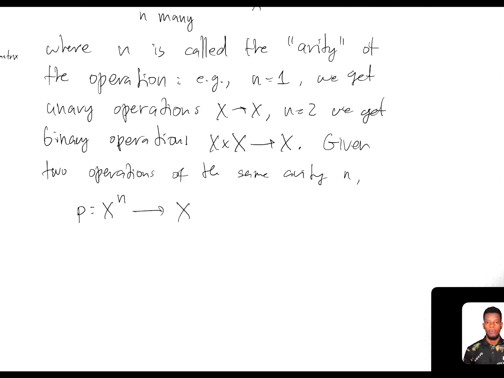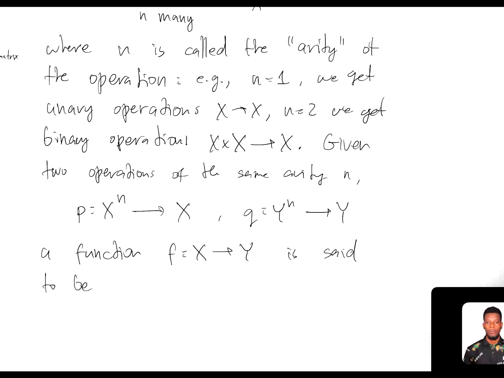So if I have two operations, one defined on a set X, and the other defined on, let's say, a set Y, a function f from X to Y is said to be homomorphic with respect to these operations when the following holds.